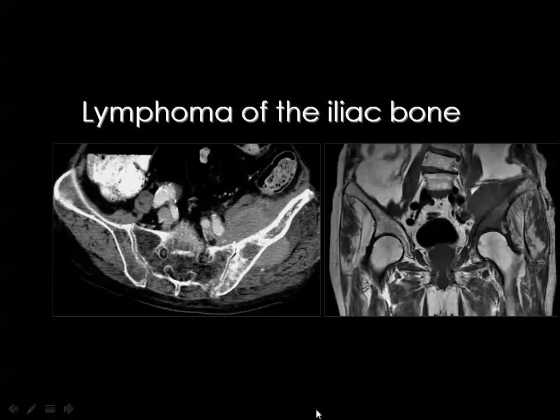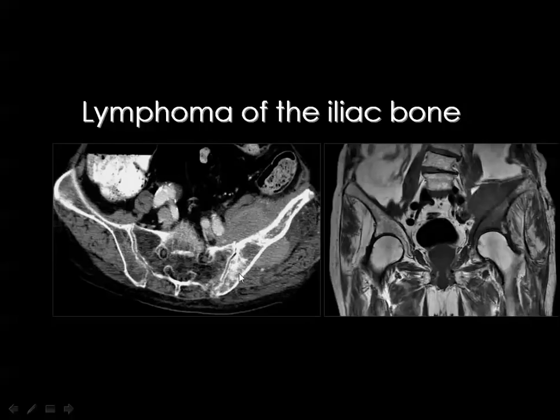Then some of the bone tumors around the hip. I will discuss the bone tumors in a separate lecture, but this is just an example of lymphoma of the iliac bone. You see that there are patchy areas of bone sclerosis.